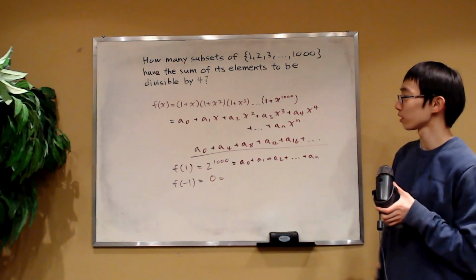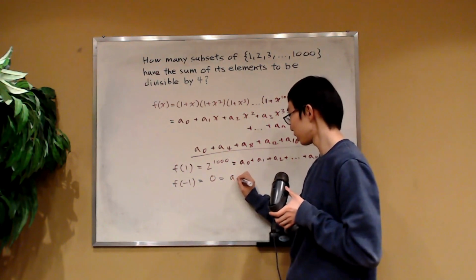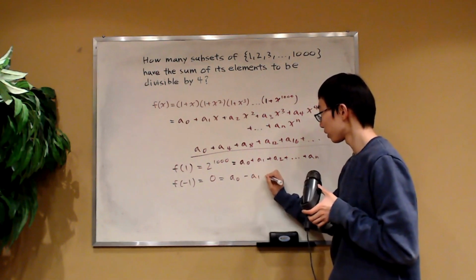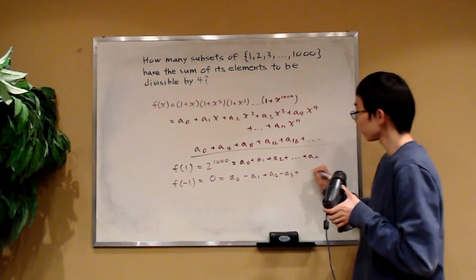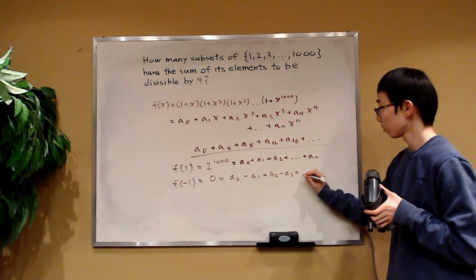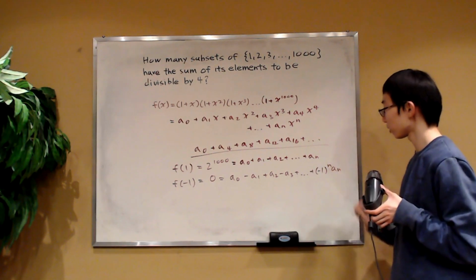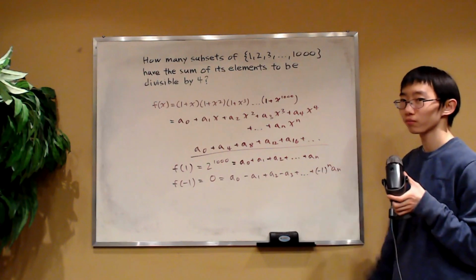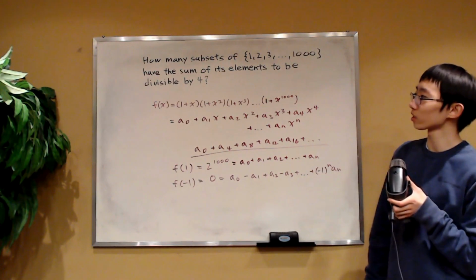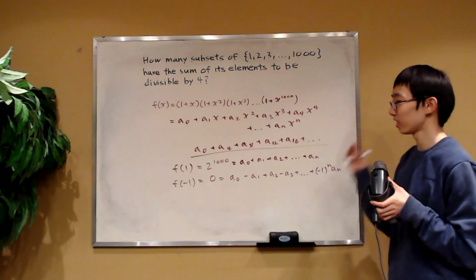Furthermore, if we were to plug it into this standard form polynomial, then we get a0 minus a1 plus a2 minus a3 plus, you get the point, it's an alternating sum, right? Plus all the way until -1 to the n times an. Now, is this actually useful? Maybe not in the context of this problem, but this is actually some new information.